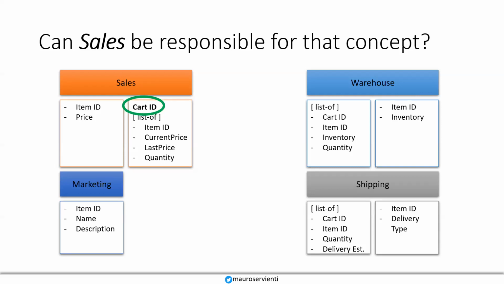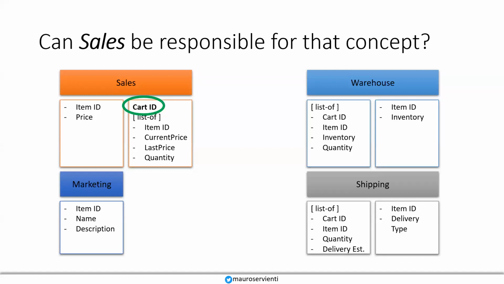If we agree with that, with this picture, it's interesting now to realize that the act of copying data over to the shopping cart still exists. So whenever an item is put in the shopping cart, sales will copy the price to current price and move the old price to last price.